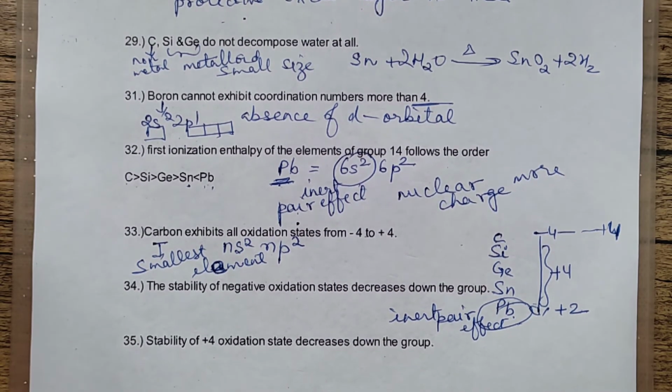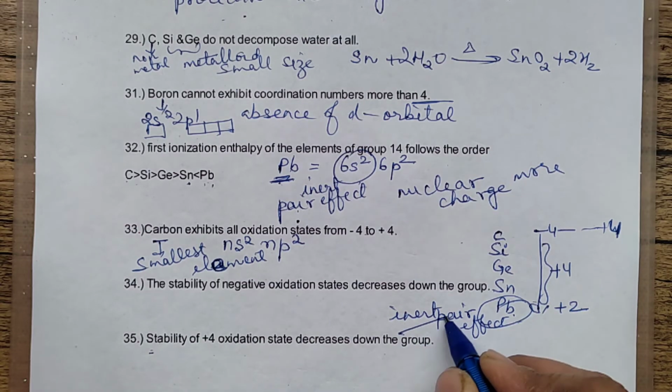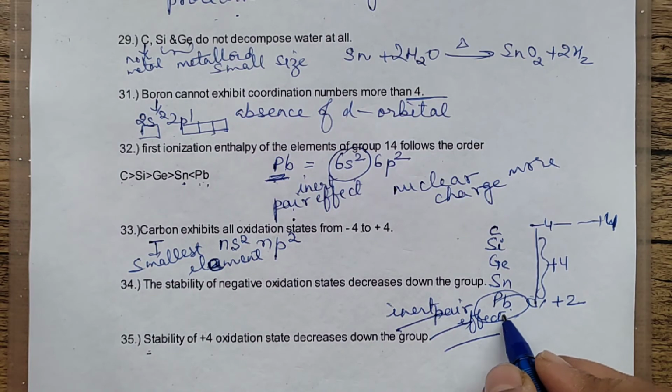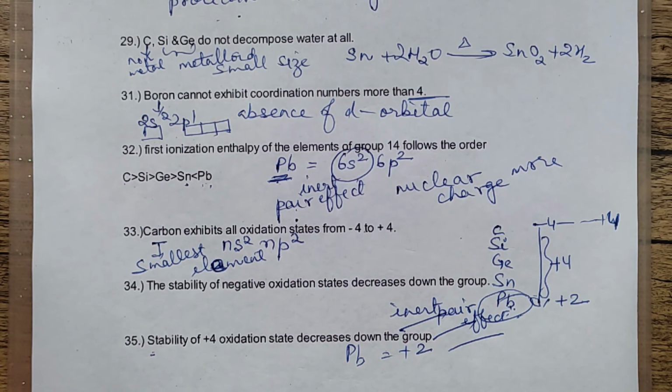Okay, so all these questions are related. You can be asked in any form. You can see this one. The stability of +4 oxidation state decreases down the group. That is because of inert pair effect, due to which the last element, that is lead, is not able to show +4. Lead can show only +2 oxidation state, not +4, because of inert pair effect.